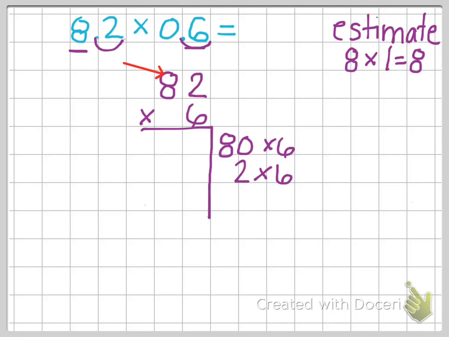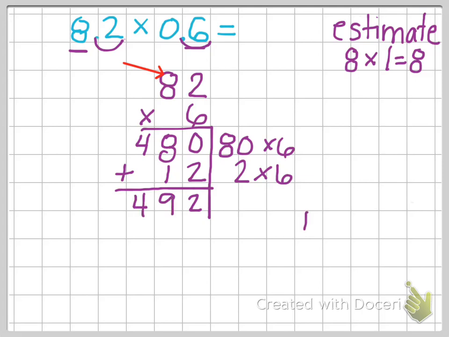80 times 6. 2 times 6. Remember, you can always tell me the answer. Alright, in the ones place, we have a 2. In the tens place, 9. And a 4 in the hundreds place. 492.